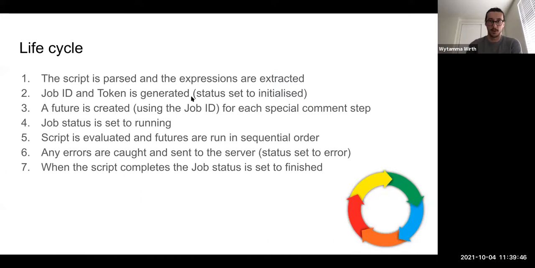It contacts the server and says, I want to initiate a job. The ID that the server returns is used for all the future logging steps. Then it sends another request to the server and sets the job status to running. That's when it was that little blue circle. And then the script is evaluated.